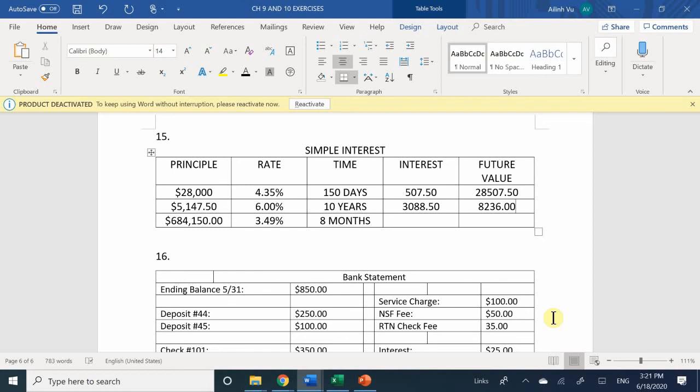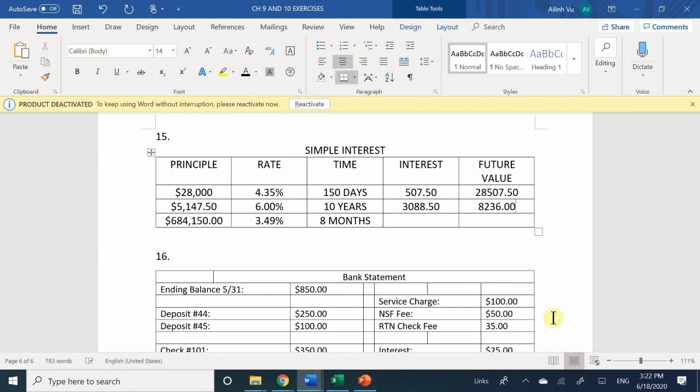I think I don't have my calculator on right. Well, you're right, it's going to be a high number, because we're doing 684,000. Okay, it is a high number.